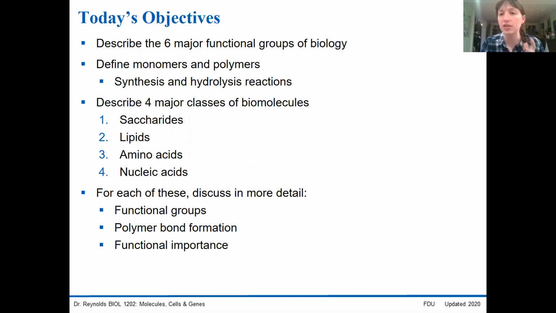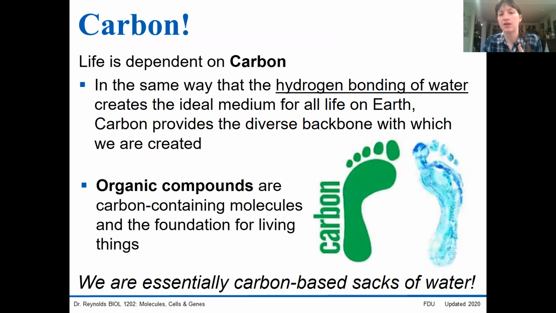And then there are going to be 2 videos that walk you through the 4 important classes of biologically important macromolecules, and really taking a deeper dive into their functions, how they're formed, what kinds of enzymes are responsible for that.